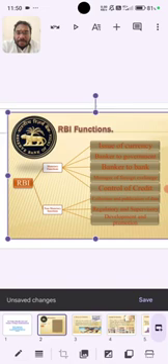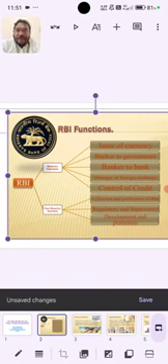Monetary functions. First one, issue of currency. Second, banker to government. Third one is banker to bank. The fourth one is manager of foreign exchange. And the fifth one is control of credit.